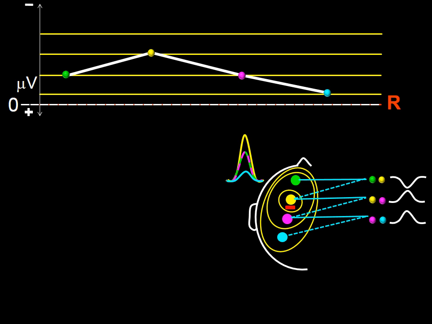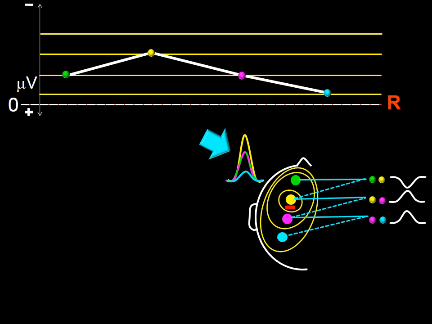On the left side, you can see an isopotential map depicting the electrode arrangement and the field corresponding to the voltage graph. You can also see that a bipolar arrangement of the electrodes has been placed in with their corresponding wave pattern.